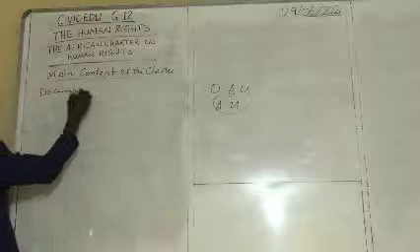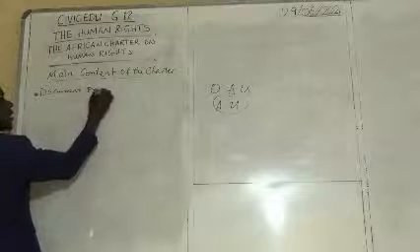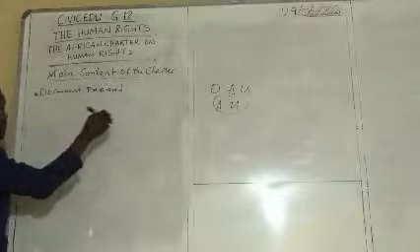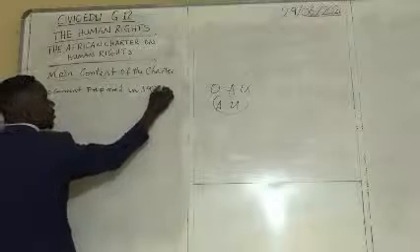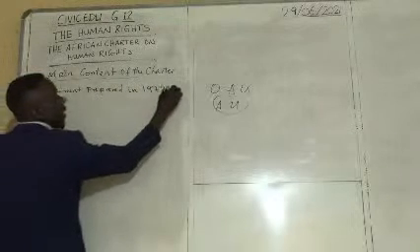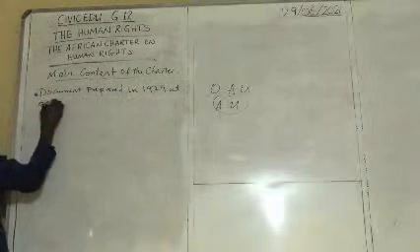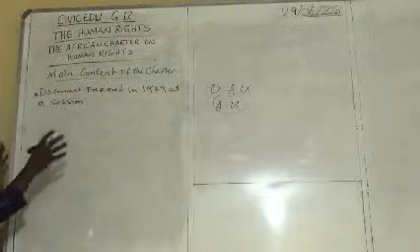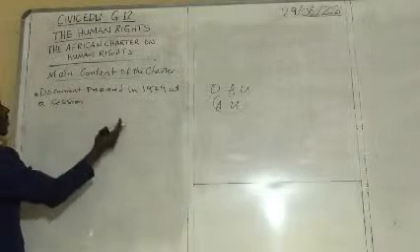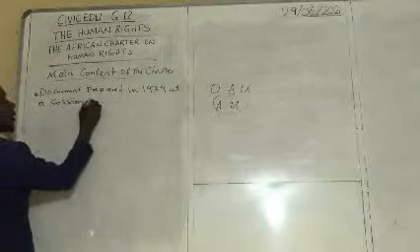This is a document prepared in 1979 at a session, a meeting among the African member countries.